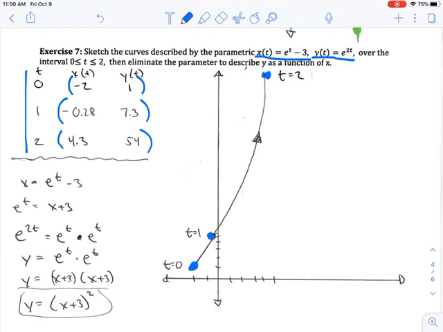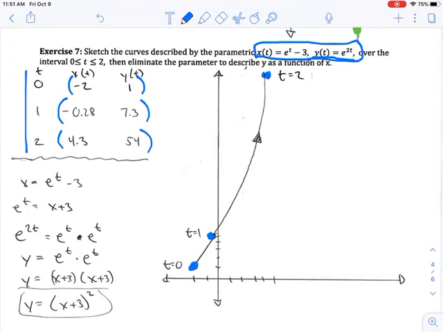So it looks like it might be an exponential function, and I'm looking at my two parametric equations, and they are clearly exponential functions. So all of this is kind of saying, I'm going to graph this like it's some kind of an exponential function. Let's eliminate the parameter and see what happens when we eliminate the parameter.